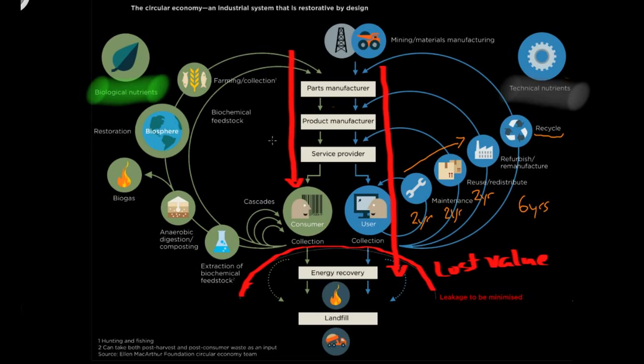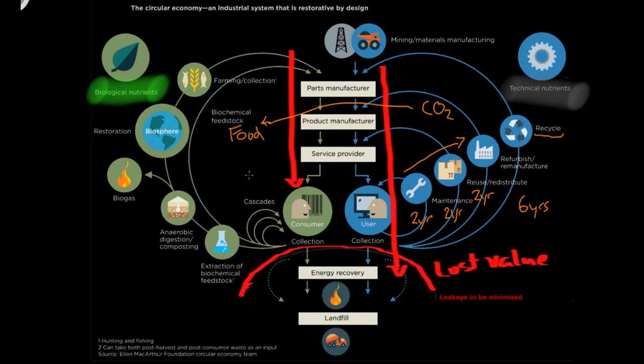And that brings me to the last point, that these two cycles, even though there's a line through the middle, are actually working in symbiosis. And the example I'll use for the technical cycle is carbon dioxide may be produced on this side, and plants see that as a food stock or a resource, so it becomes food in this cycle. And the same can occur in the extraction of chemicals.